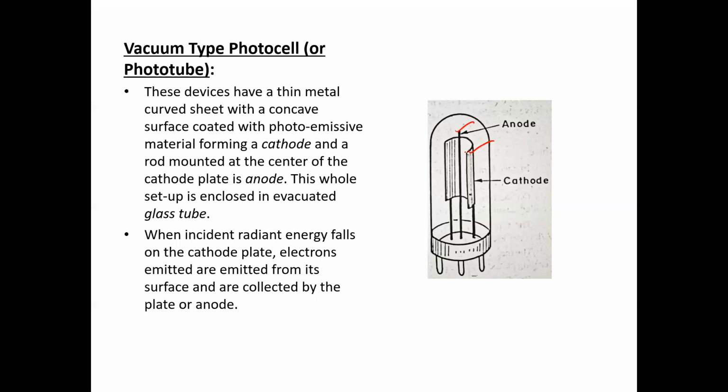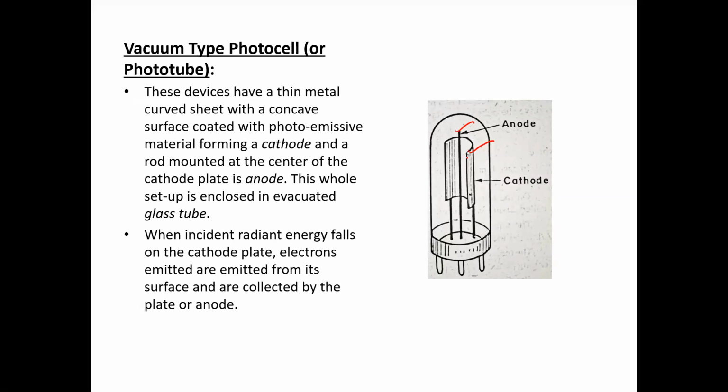Whenever there is some incident light or radiation on the concave surface of the cathode, if the energy of the incident light is sufficient to ionize that photoemissive material, then that material will eject some electrons, and those electrons are going to be collected by the anode.